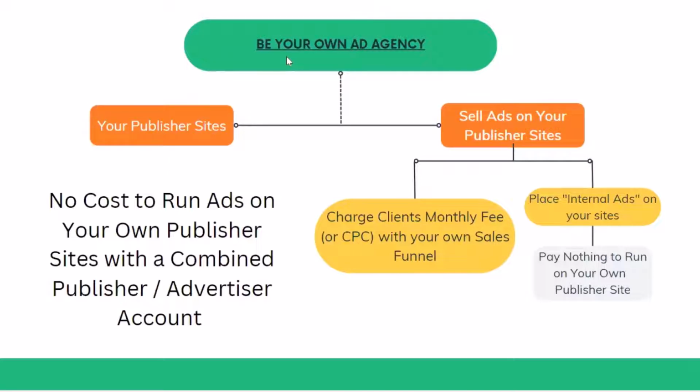But if you have a combined publisher advertiser account that we offer, the beta teams, that's what they bought into. They have a publisher and an advertiser. Well, they can run ads on their own sites at no cost. So they put up a dog training site, they have dog training ads, they can run them straight over here.